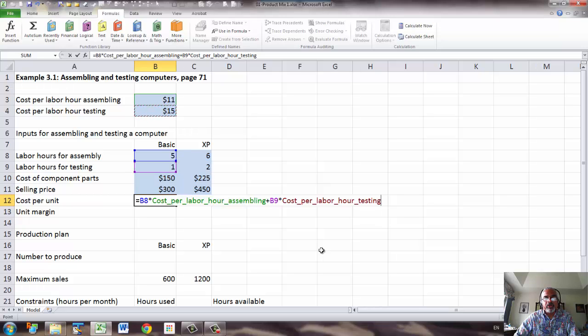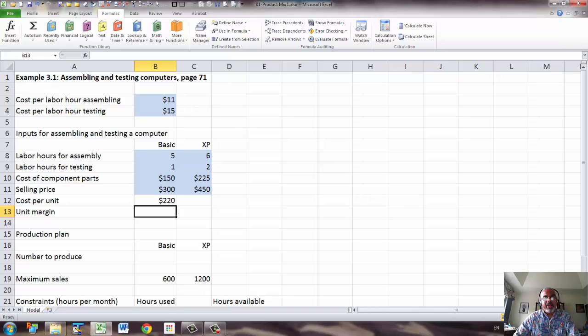So that's your labor plus components. So that's our total cost for basic. Now if you take the unit price and subtract the unit cost, this gives you $80 profit. And this is what we used in the graphical method. Now if you copy these two cells over there, then you get the unit margin for XP, which is 129.